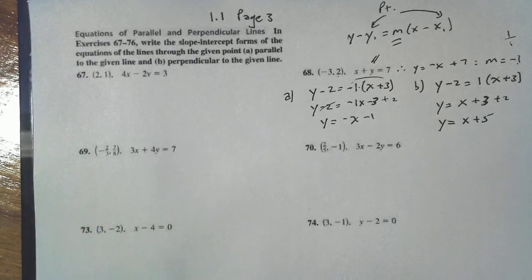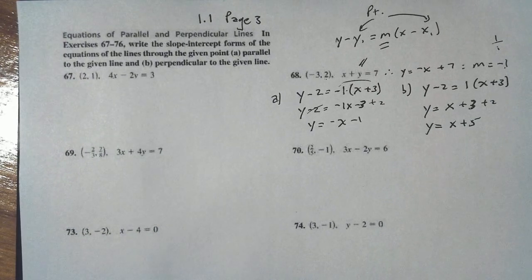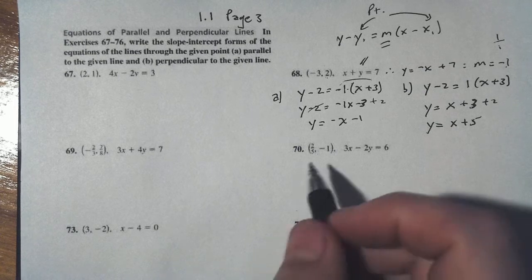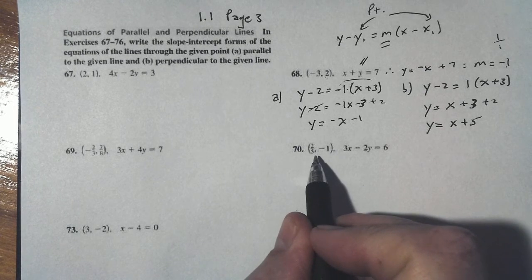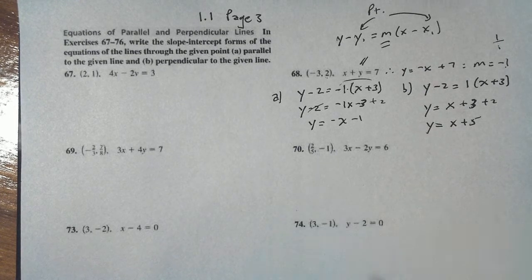And that's it. They can try to make things a little bit more complicated by throwing some fractions in there, but we're honor students and we can handle this if we can read it. That's 2/5.